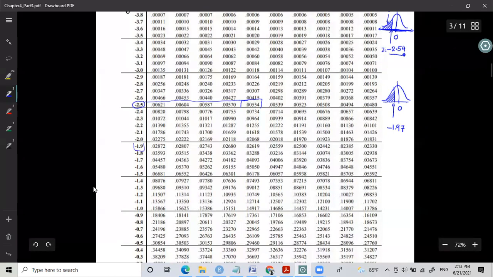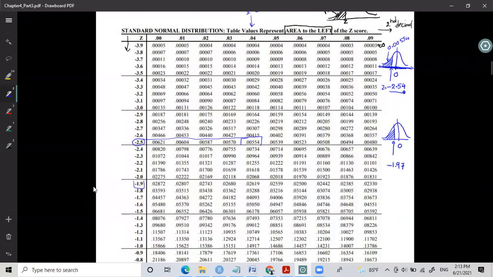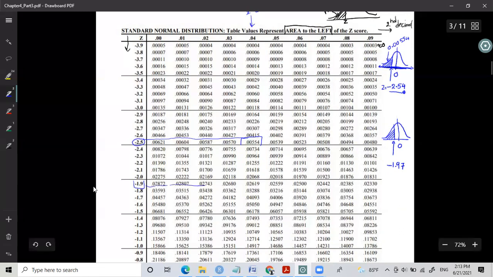See, negative 1.9. What is the second decimal place? 7. Where's 7? So here's 7. Right. So you go along negative 1.9, this row, all the way until you come under 7. See, here's the probability.